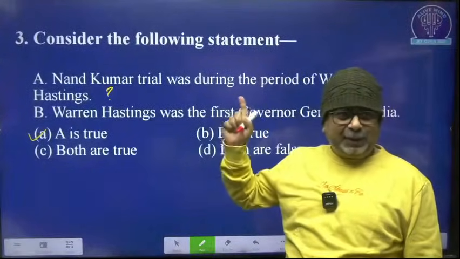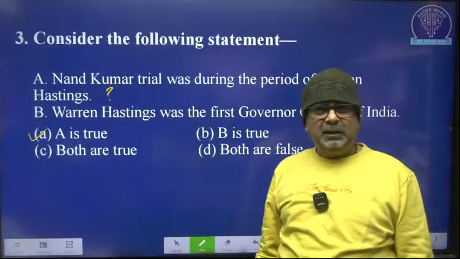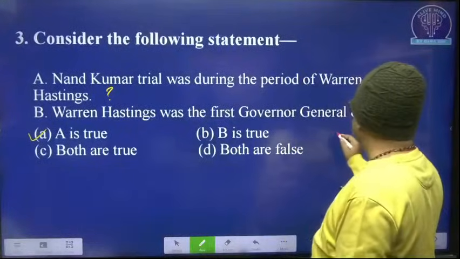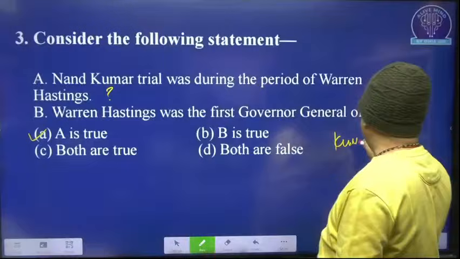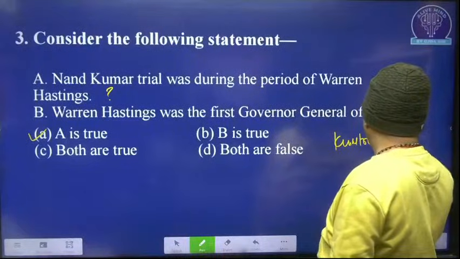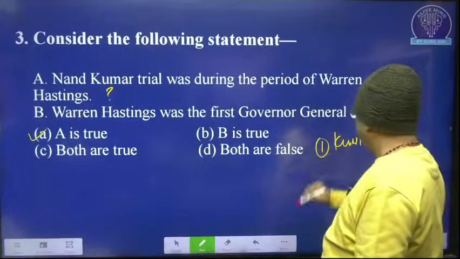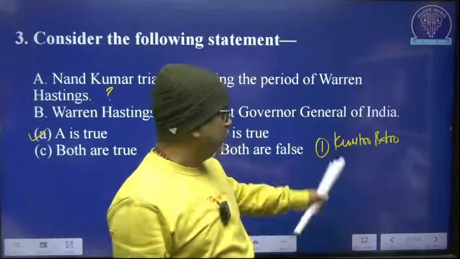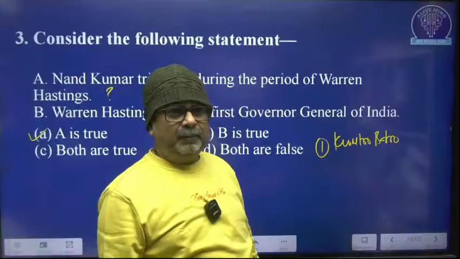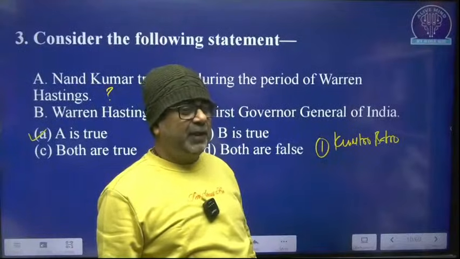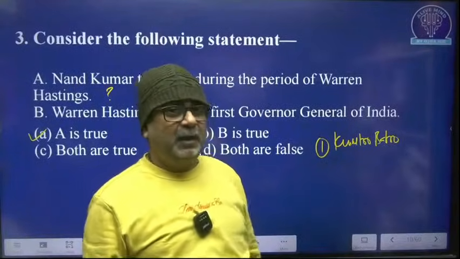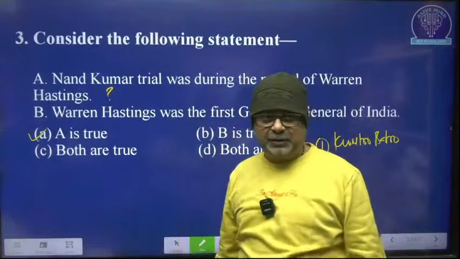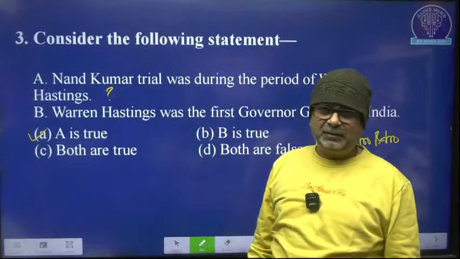Nand Kumar accused Warren Hastings of forgery in the name of his servant Kuntu Babu. He misappropriated wealth in India in the name of his servant Kuntu Babu. And he was instigated by one of the members of the Governor General's Executive Council, Francis.